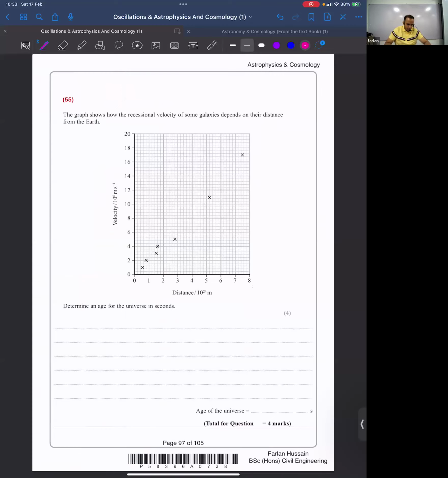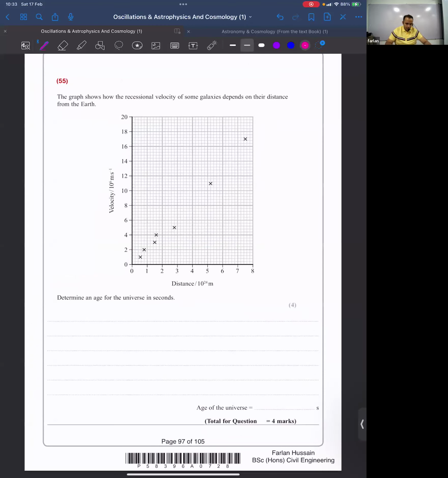Page 97, question 55. The graph shows how the recessional velocity of some galaxies depends on their distances from the Earth.